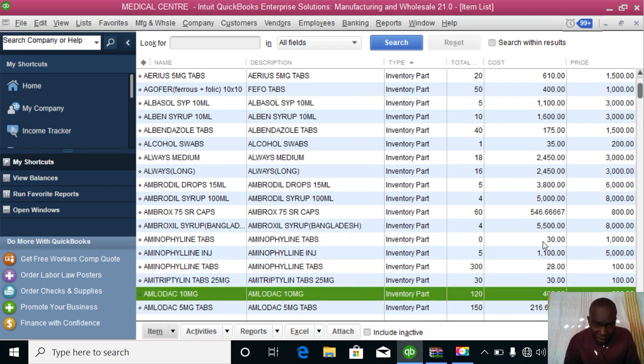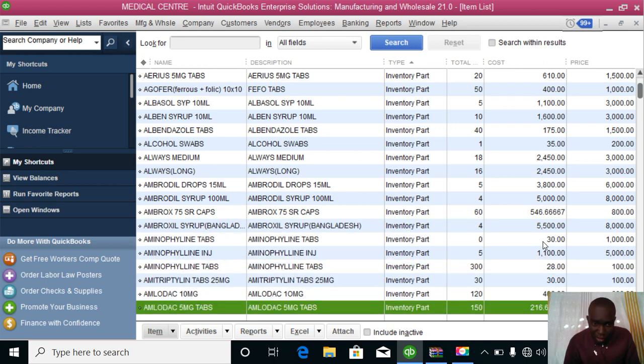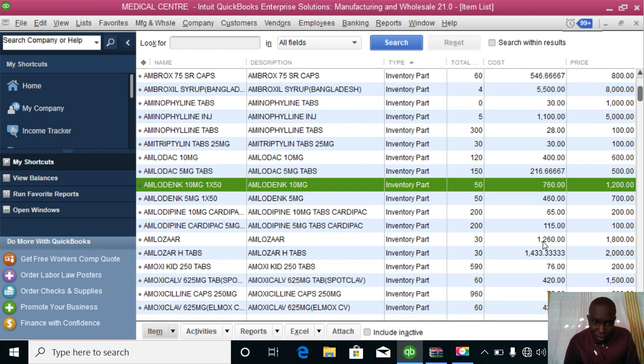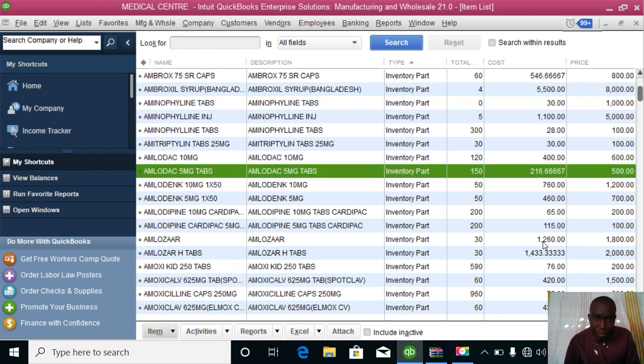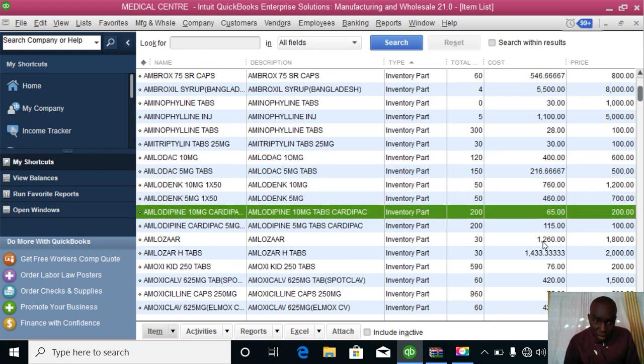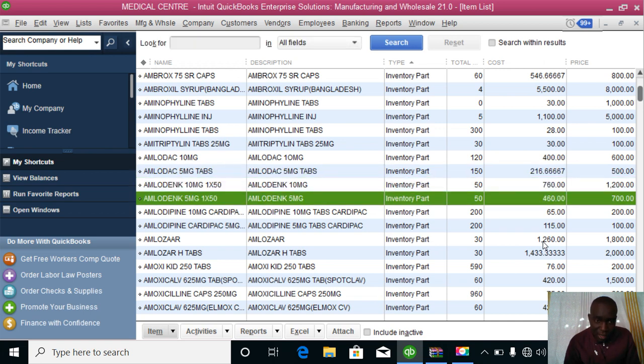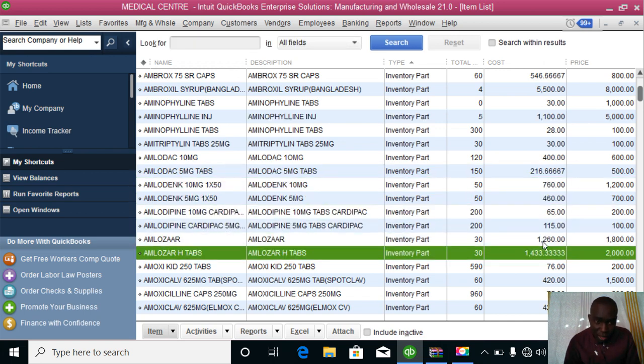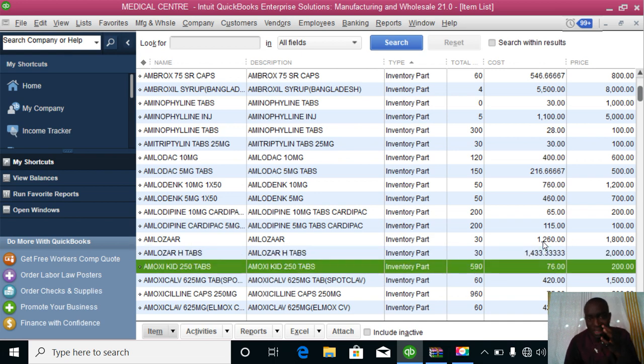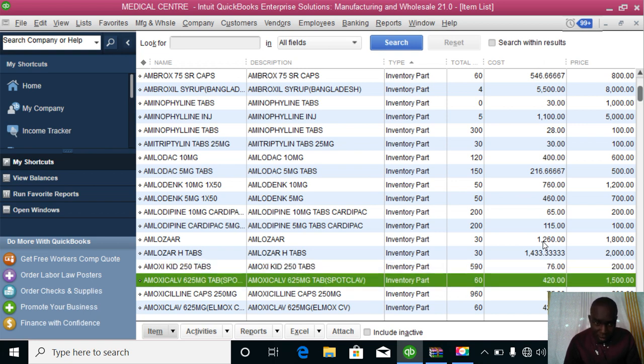So these are the items. We have Amlodac 10 milligram, Amlodac 5 milligram, that is amlodipine. The different brands of amlodipine, Denk and Amlodac. We have the Amoxicillin 250 milligrams. It shows that we are selling it at 200 shillings. Amoxiclav 625.